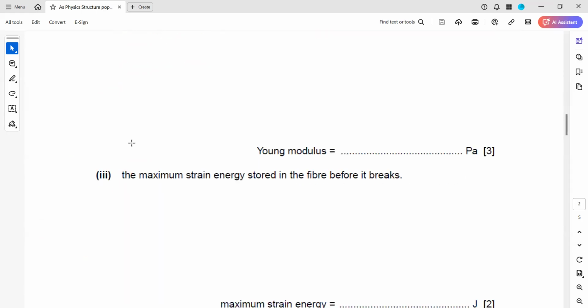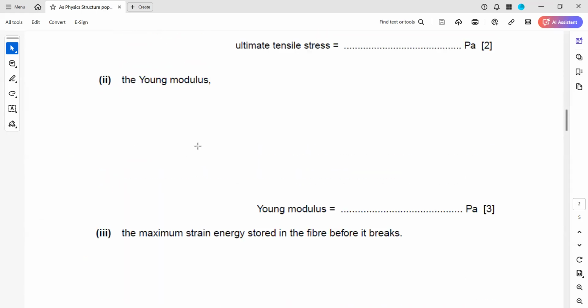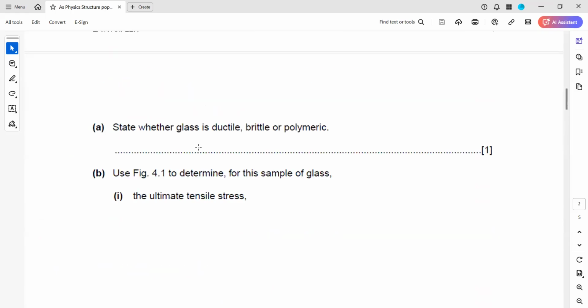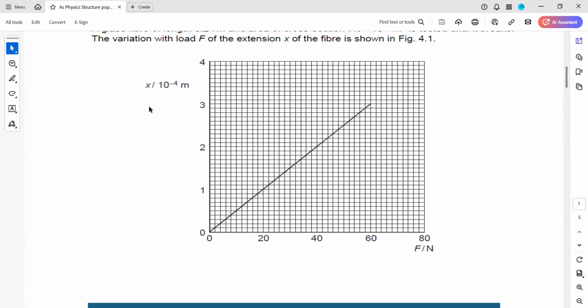And the maximum energy stored. How do we work out the energy stored? You have to take the area under the graph. Now force is on the x-axis and extension on the y-axis. So which area will I take? I will take the area of this part.